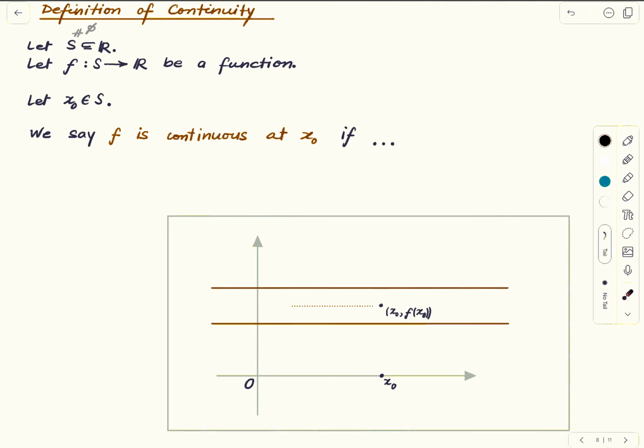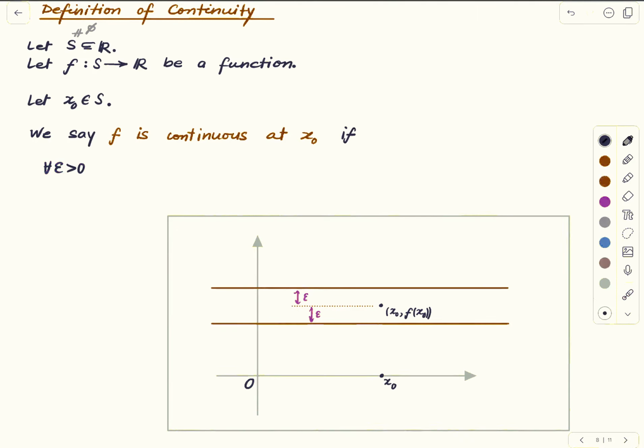And here is the geometric way of writing it. The geometric way of writing the same thing is the following. If for all epsilon greater than 0, and I have marked these here, I will correlate this with that very soon.